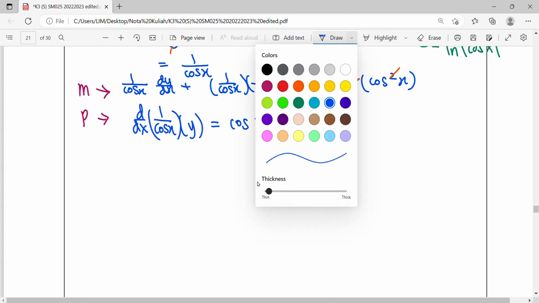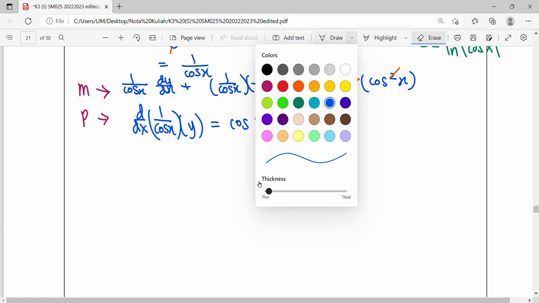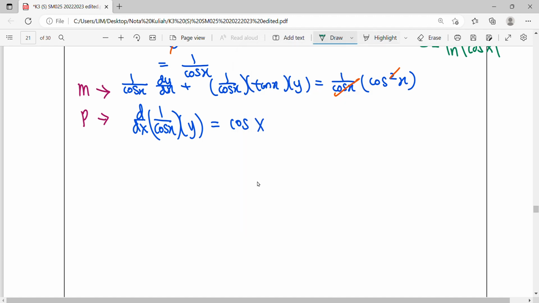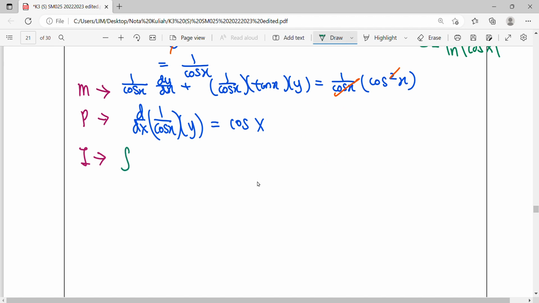After that, the next step is to integrate both sides. Integrate with respect to x, put in your function.